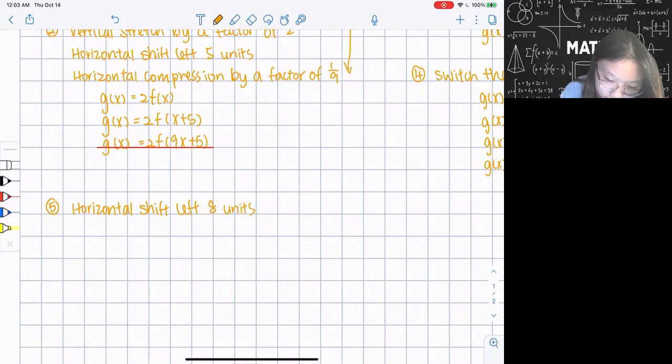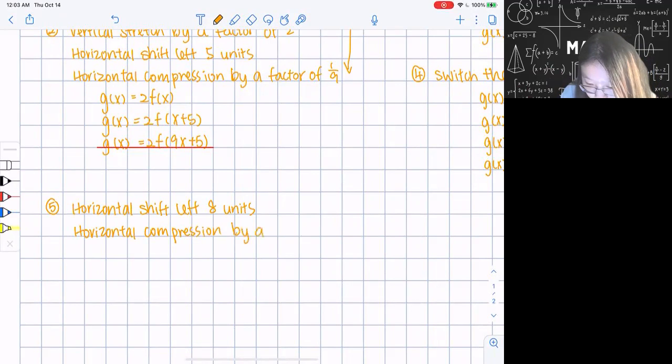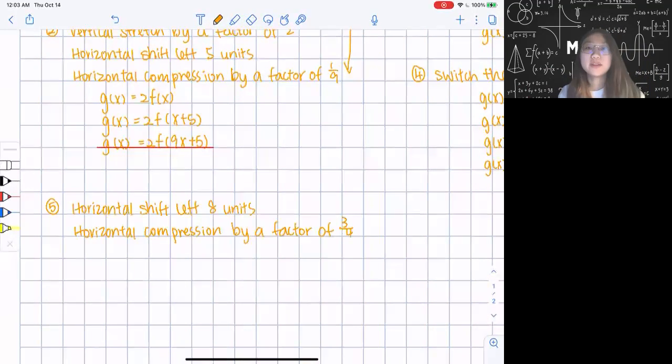And I'm gonna have a horizontal compression by a factor of 3/4. So now I'm not just gonna have 1 over something, okay? 3/4.